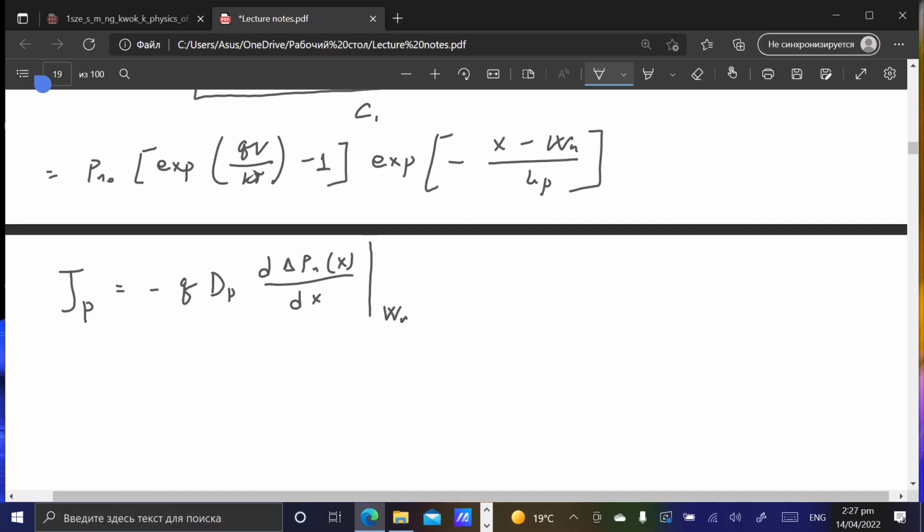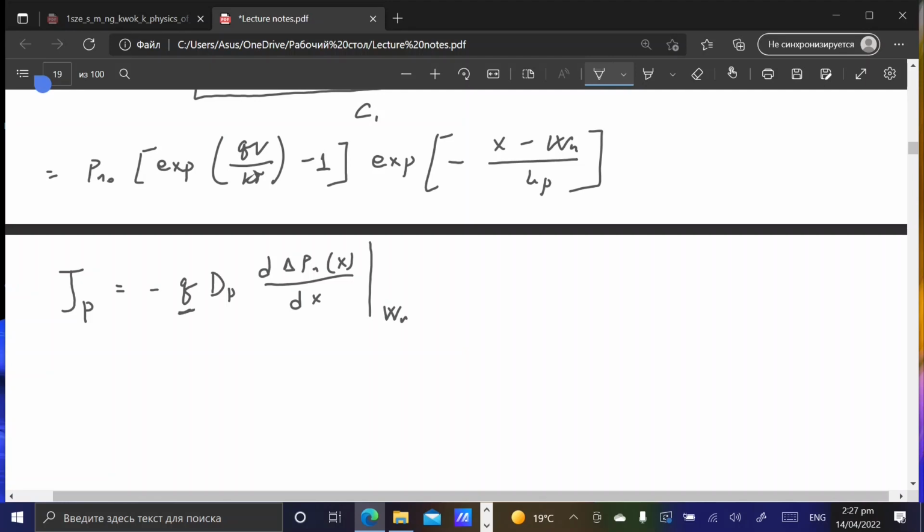We just need to pick some position because we need a fixed coordinate to determine the flux of these minority charge carriers because of diffusion, multiplied by elementary charge, and that will give us the electric current.